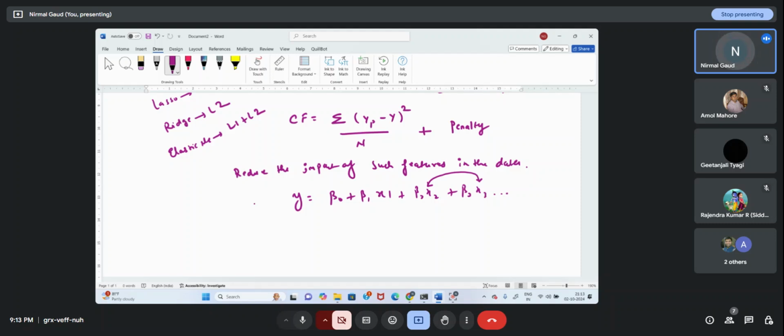Now, because of their correlation, my model is overfitted. I need to take care of that. So, what I will do is, see, x1, x2, x3 are the existing features which are fitting in the equation. I can't do anything with that.